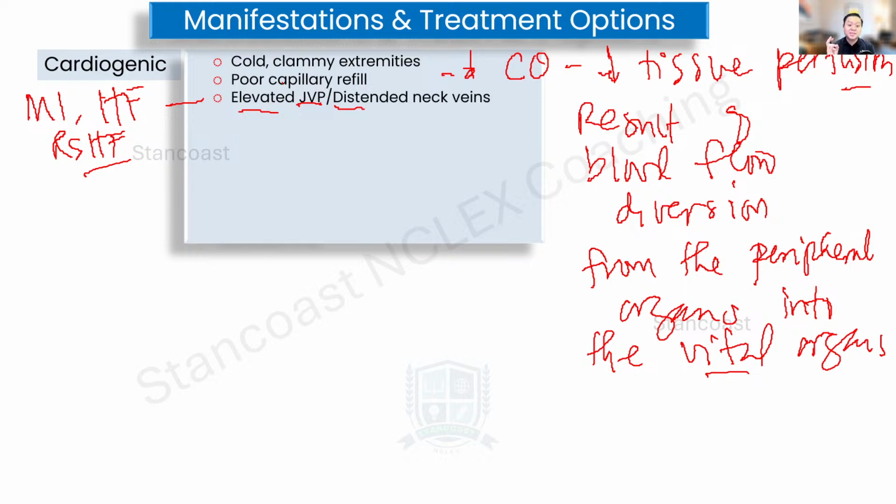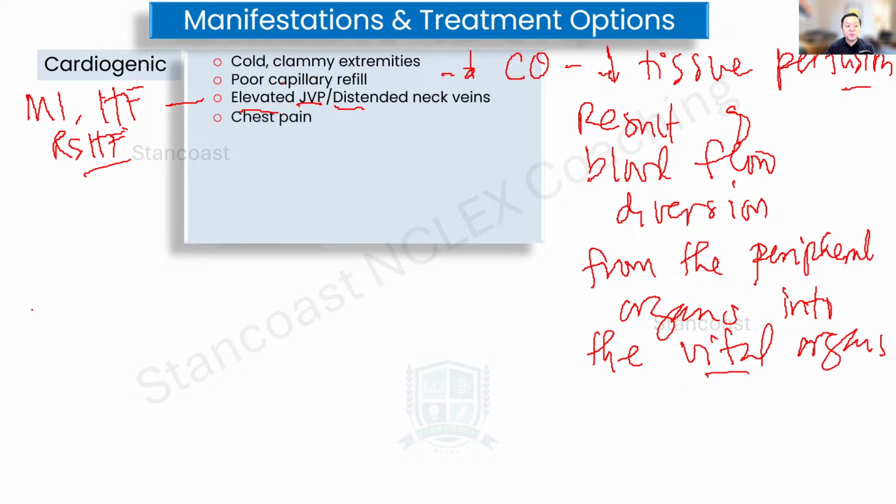So you will see the patient with heart failure having distended neck veins. Remember about that concept? I repeated this several times, so I don't have to this time, all right? Make sure that you recall MI and heart failure causing decreased cardiac output because of the impairment in the ventricular function.